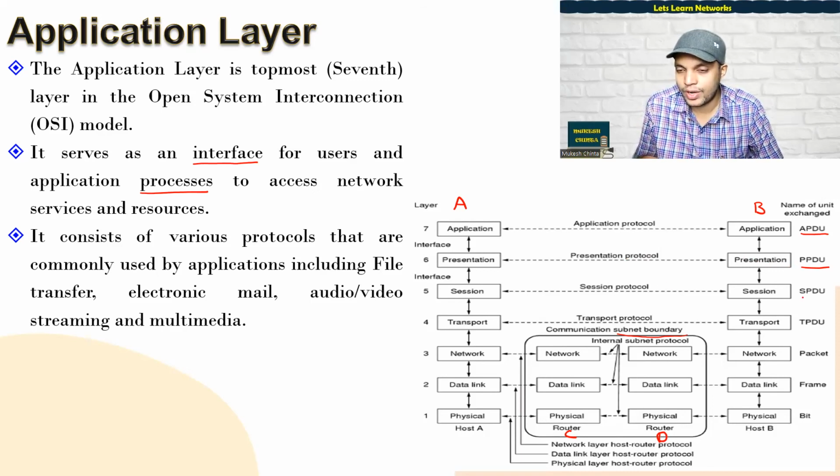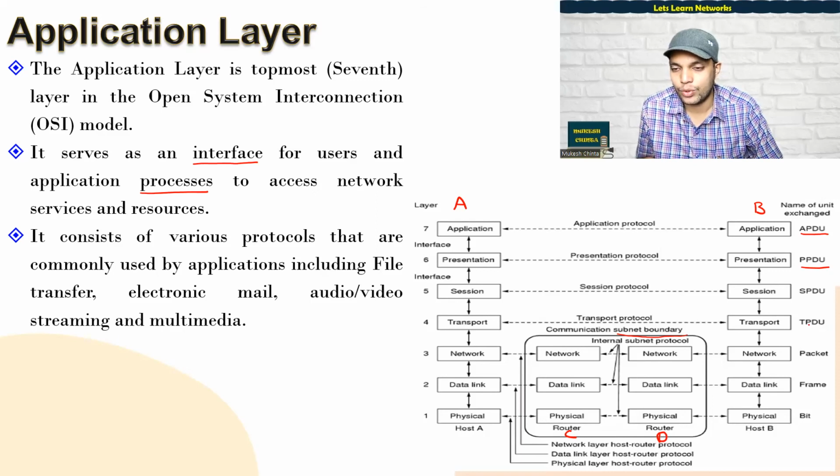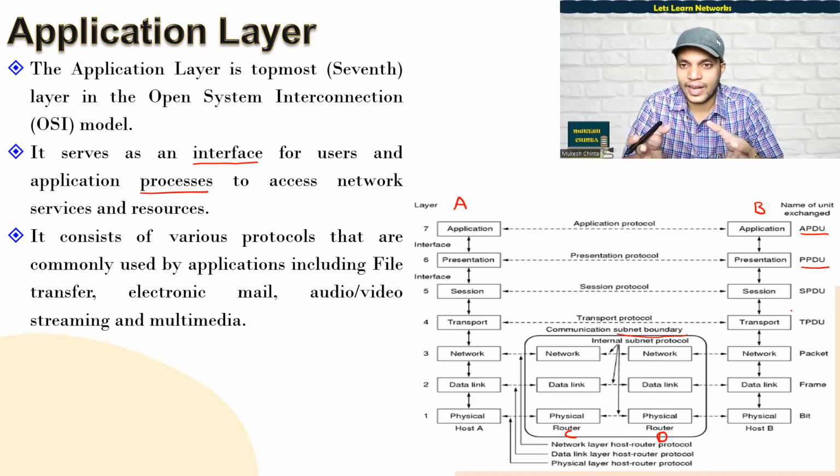At the session layer, it is the SPDU, and at the transport layer, the TPDU, the transport layer's protocol data unit. So if somebody asks you what a PDU is, you can simply say that a PDU is nothing but the data that is prepared according to the protocol of that particular layer.